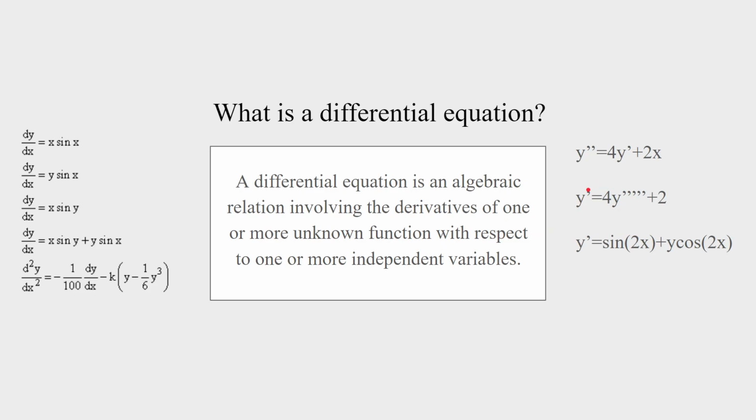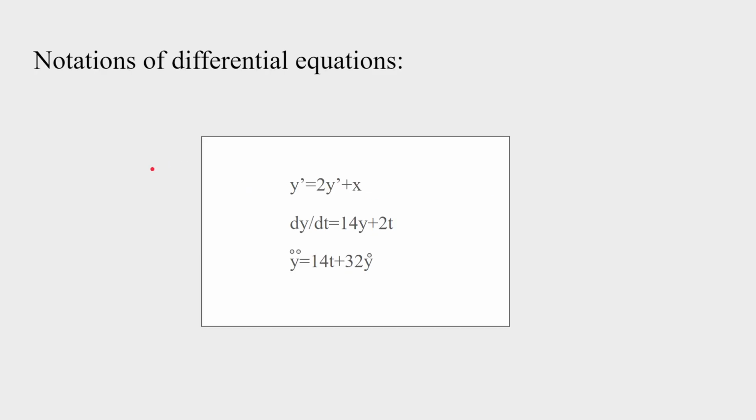It's pretty simple. Now, I purposely put in a few different ways to denote differential equations, and this is very important, because these will come in different forms, and it's very important that you can distinguish what's a differential equation, what exactly you're looking at. You can get y prime is equal to 2y prime plus x, or dy/dt is equal to 14y plus 2t.